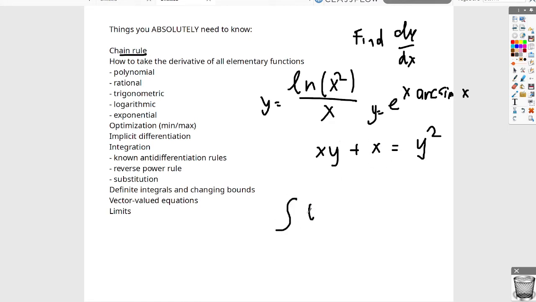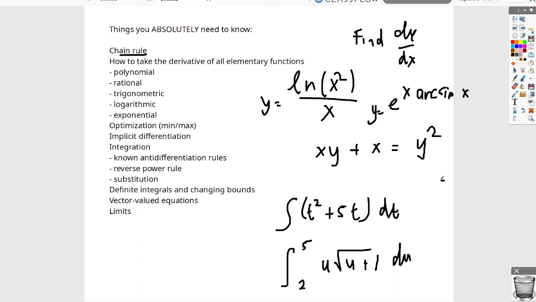So the integral of t squared plus 5t dt, the integral from 2 to 5 of u times root of u plus 1 du, and the integral from 3 pi to 6 pi of sine theta over cosine squared theta d theta.